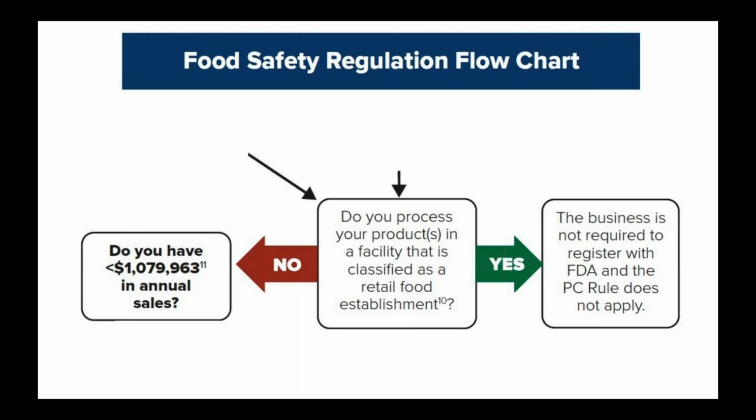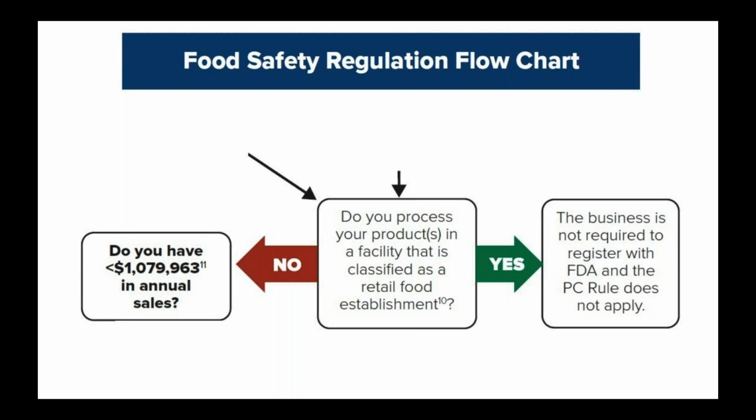But I'm telling you right now, they're selling it directly to customers, just when people come to their farm stand or in their CSA, their community supported agriculture boxes. So they would be able to say yes, and then that box tells you that this business is not required to register with the FDA, and the PC rule, or the preventative controls rule, does not apply.